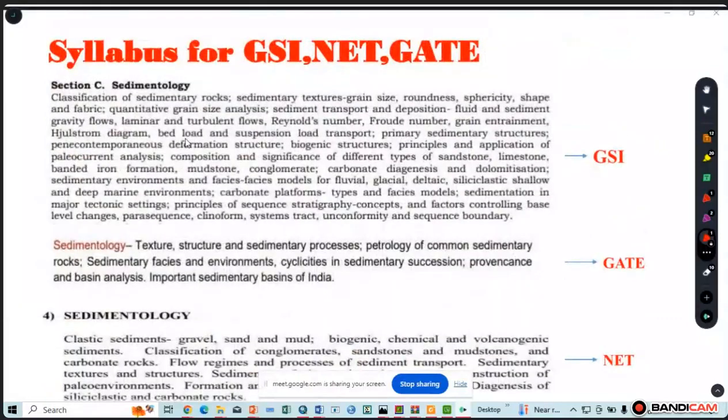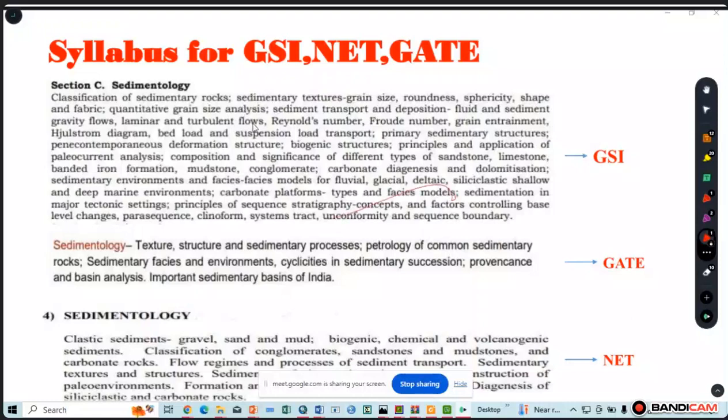As per the GSI syllabus, you can find classification of sedimentary rock and their texture. In texture, we find grain size, roundness, sphericity, shape, fabric, and grain size analysis.